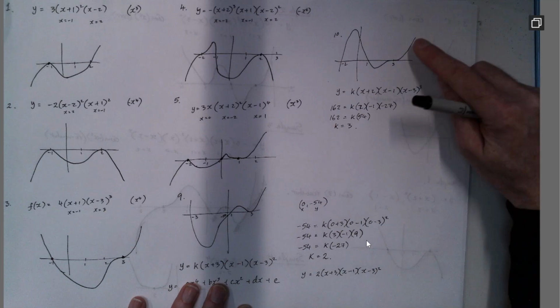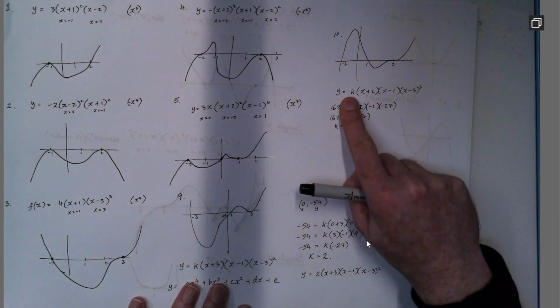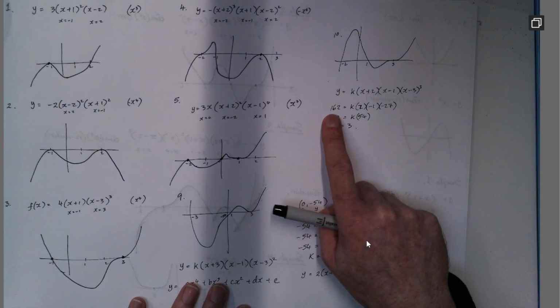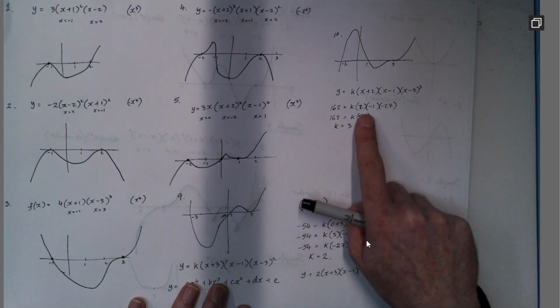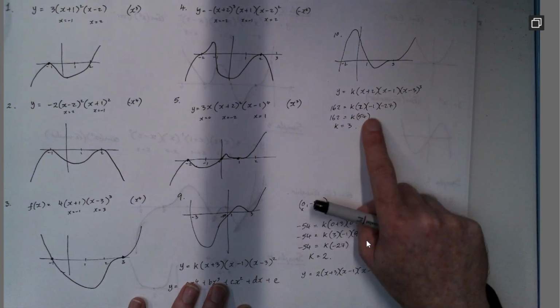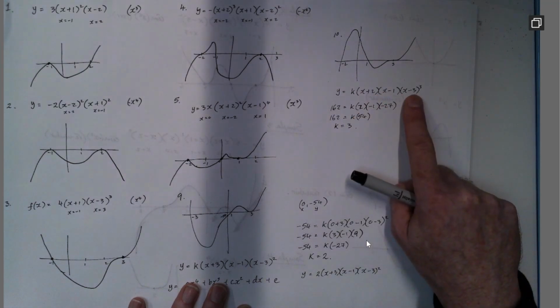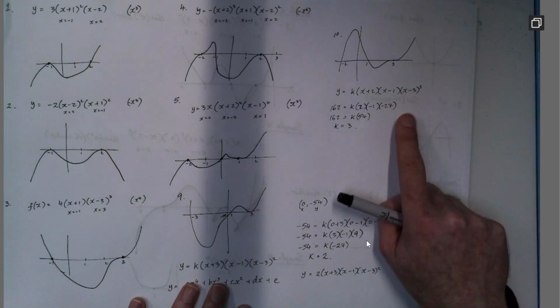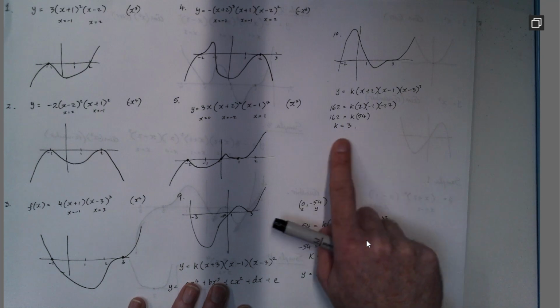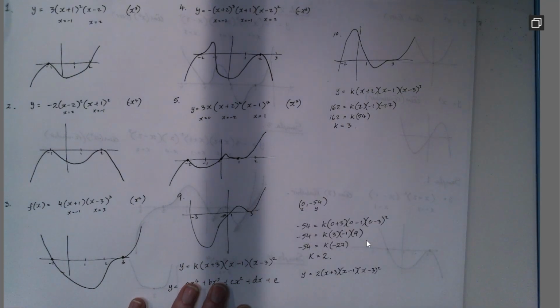The arm goes down, arm goes up, so it's positive, so it's plus k. And then just sub in the point, so y equals 2 when x equals 0. 0 plus 2 is 2, 0 minus 1 is minus 1, 0 minus 3 is minus 3, cubed, minus 27. Which gives you 2 equals k times 3.